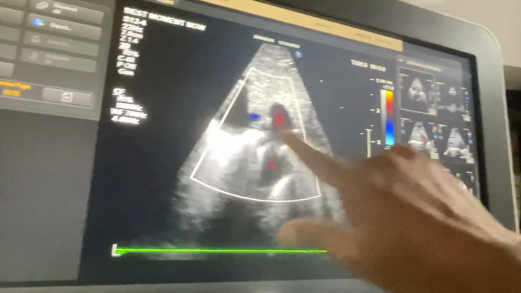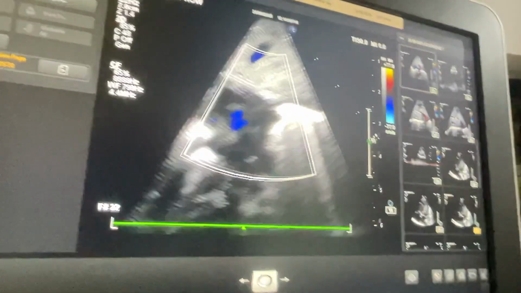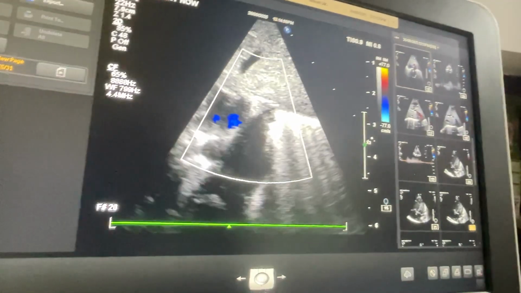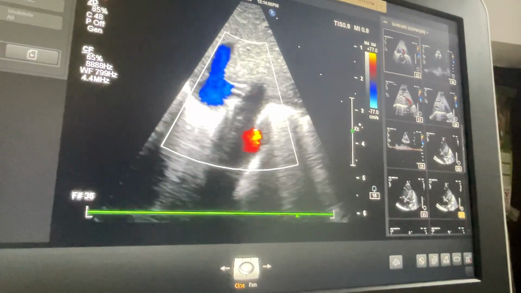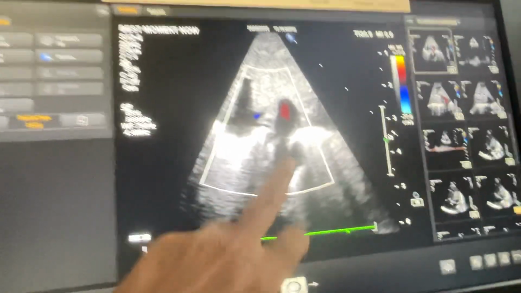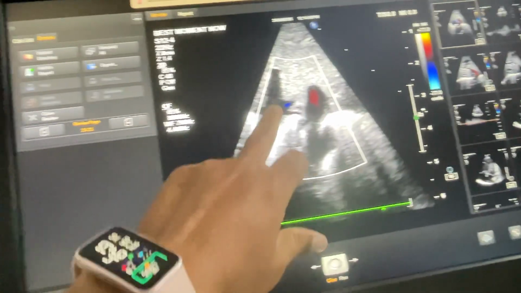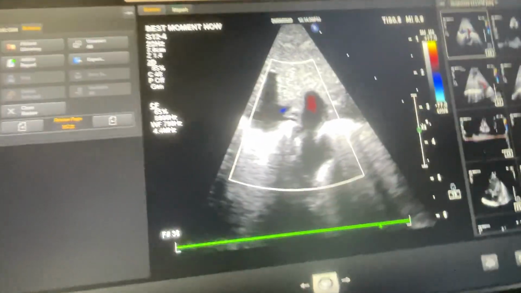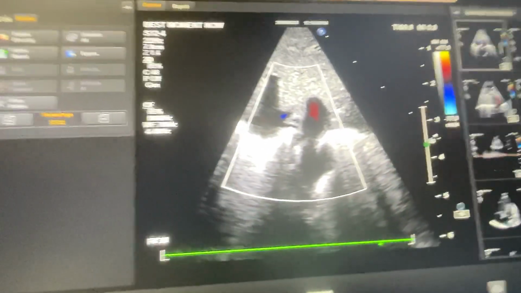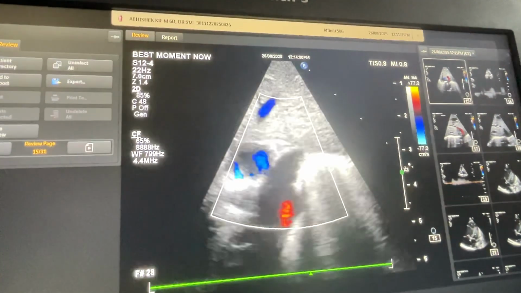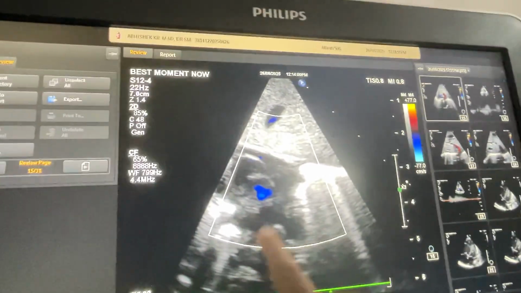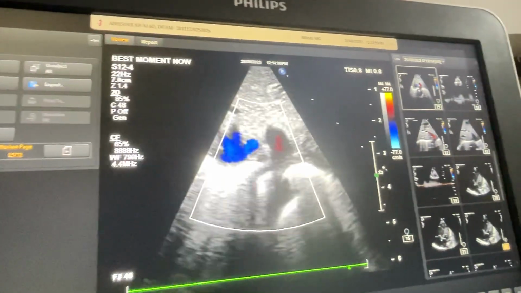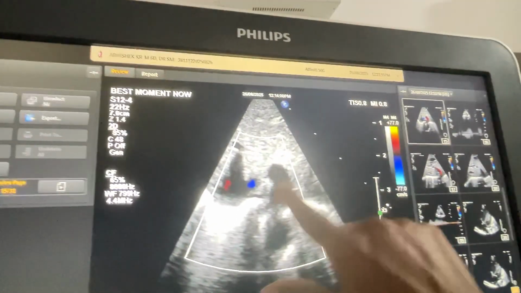Now you can see in this moving image, this is the aorta, this is a straight vein, and this is the IVC. That is the point to know in this image. You see this chamber is becoming this straight vein.